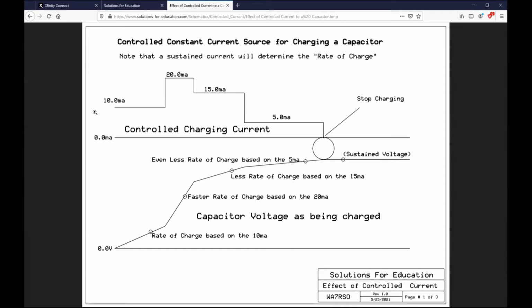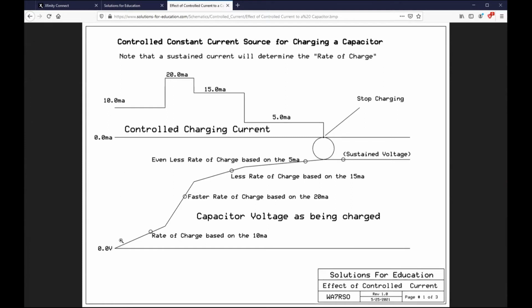So what I'm doing is I come in with these controlled currents. Every one of these is charging the capacitor. But the question is, what is the rate of charge? And it depends, of course, on the size of the capacitor. Obviously, a small capacitor will charge more quickly.